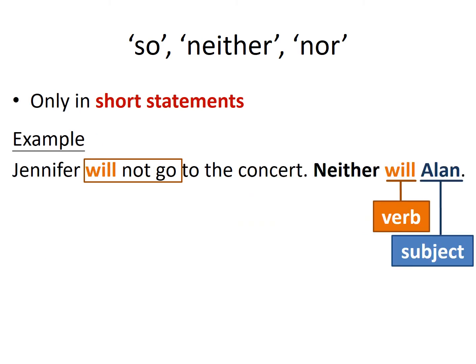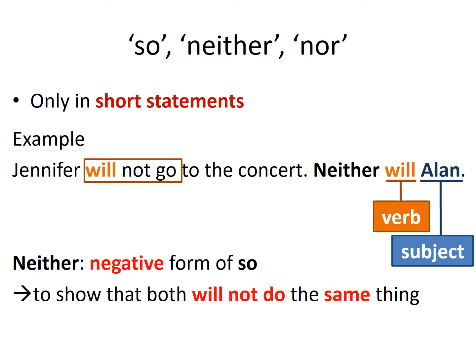Let's look at another example. Jennifer will not go to the concert. Neither will Alan. In this example, we know that both Jennifer and Alan will not go to the concert. Therefore, neither is the negative form of so, showing that both will not do the same thing.